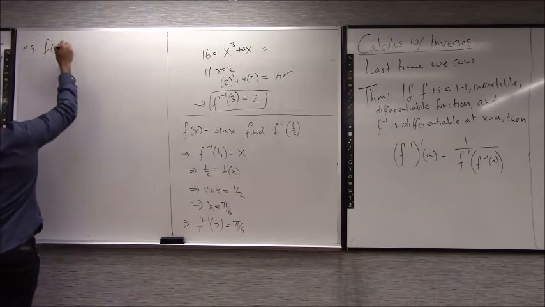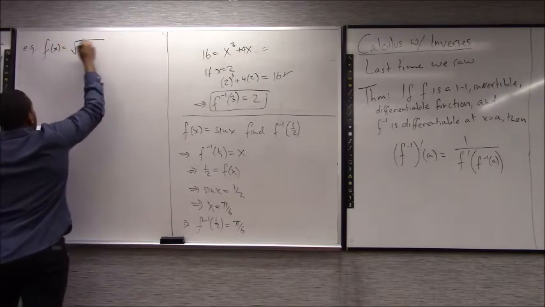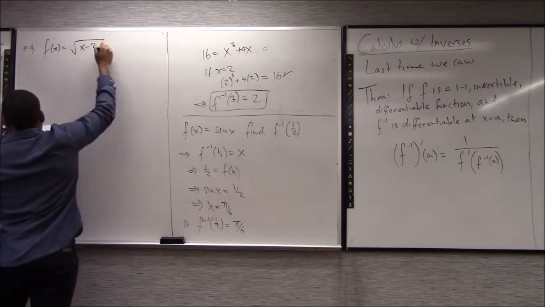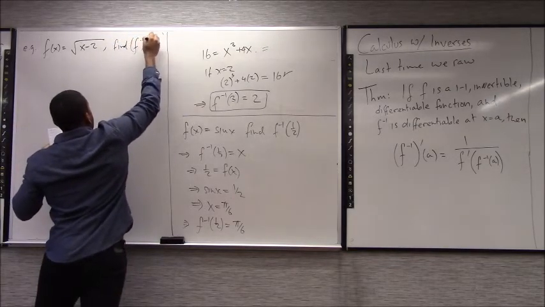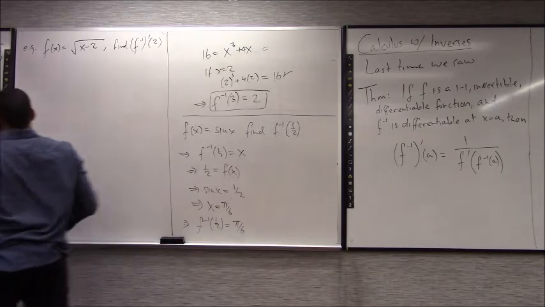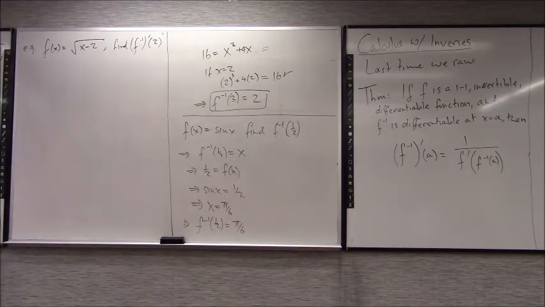f of x equals square root of x minus 2. Find the derivative of the inverse at the point 2.